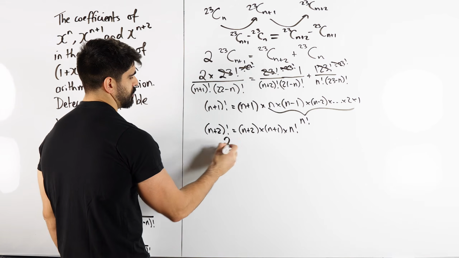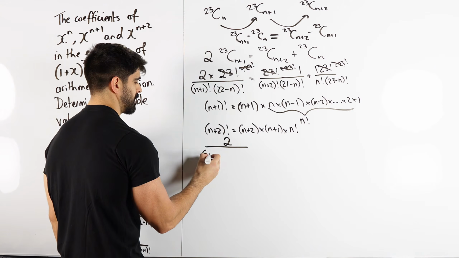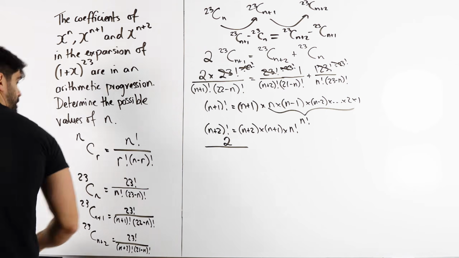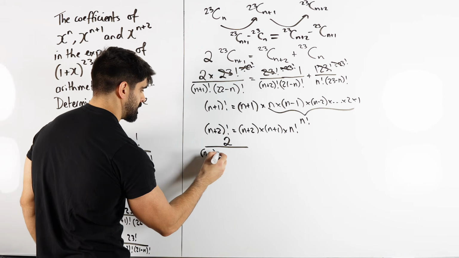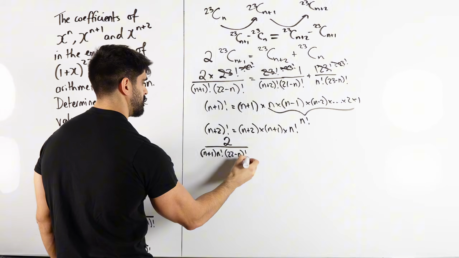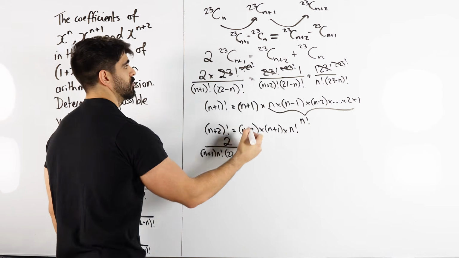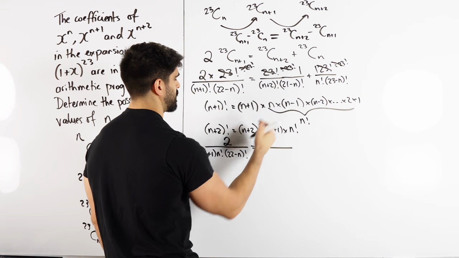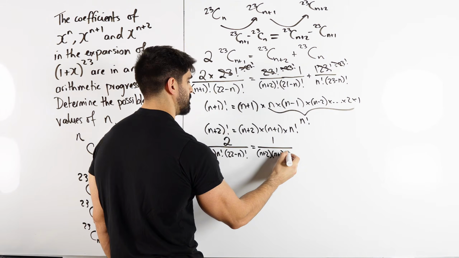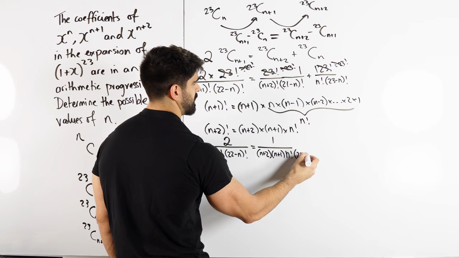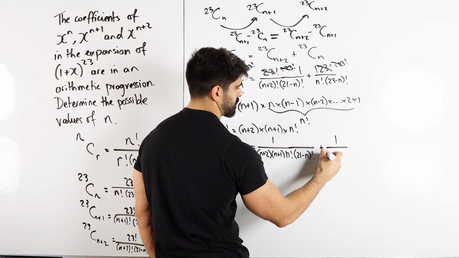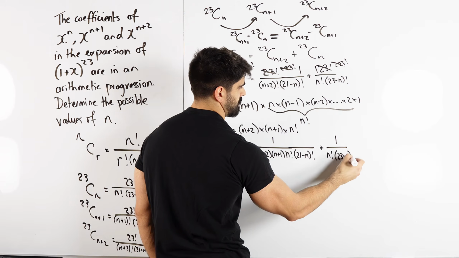So I'm going to have 2 over n plus 1, which is n plus 1 times n factorial, times the 22 minus n factorial, which I'll deal with later, is equal to 1 over n plus 2, which I said is n plus 2, n plus 1, n factorial, times the 21 minus n factorial, plus 1 over n factorial, 23 minus n factorial.